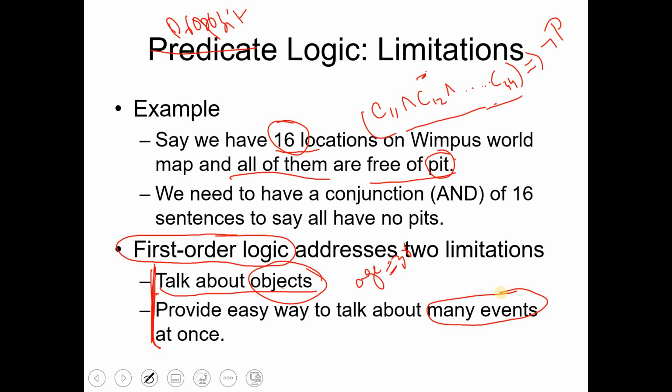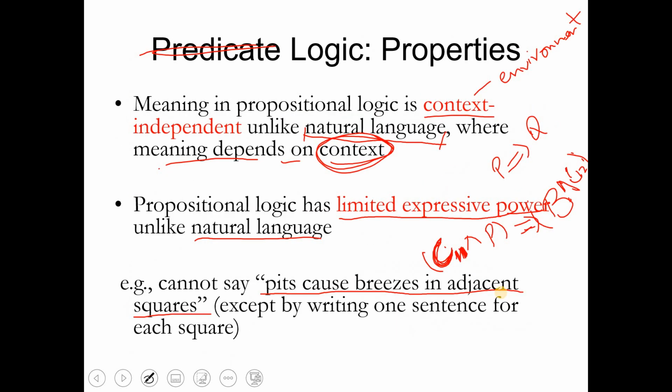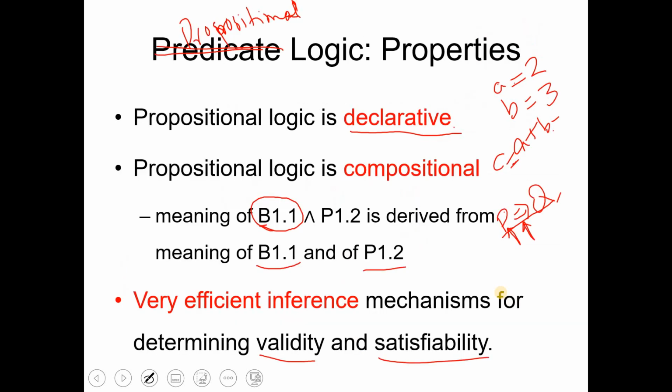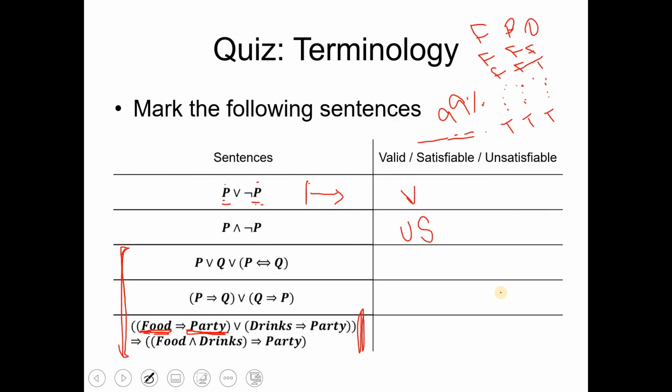Okay, so this is it, and this is like your small assignment. Normally in the class I ask the students to solve it in the class and we discuss, but here you can try it yourself. I give you the time, and then we will do it together. I will show you in the next lecture. At least the first one, you know, is valid and the second one is unsatisfiable.